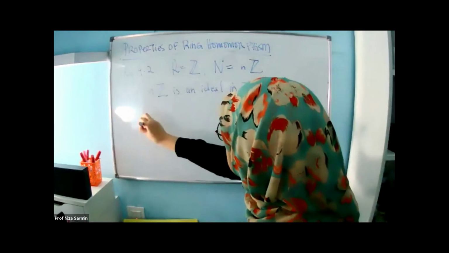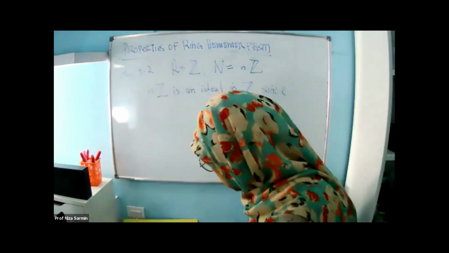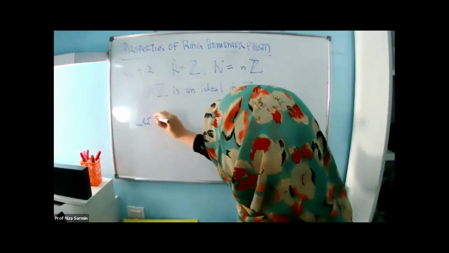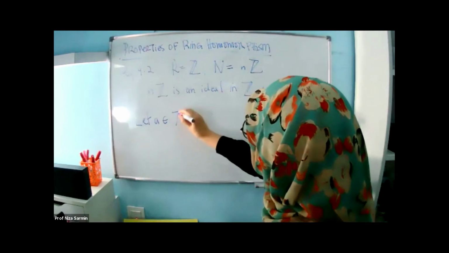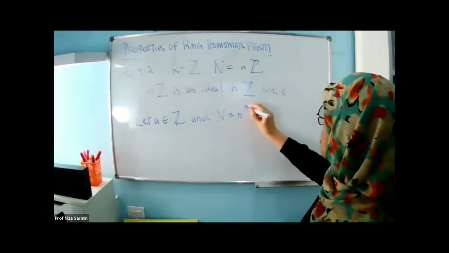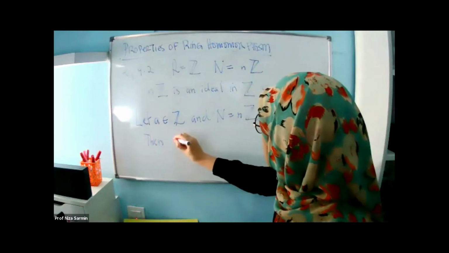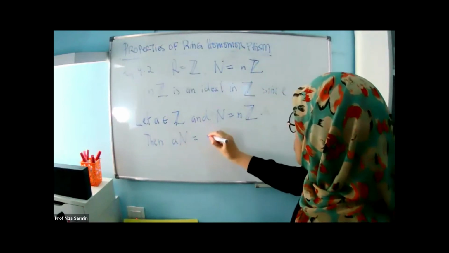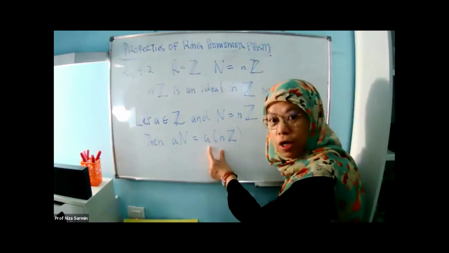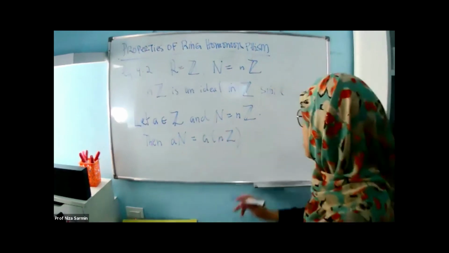Let A be in Z and N equal to nZ. Then AN is equal to A times nZ, and you have to show that this is inside the subring.